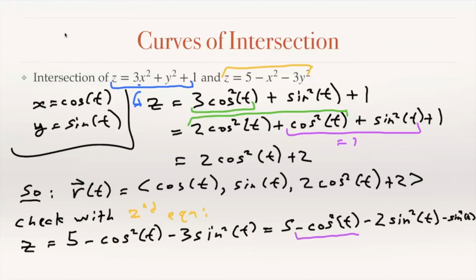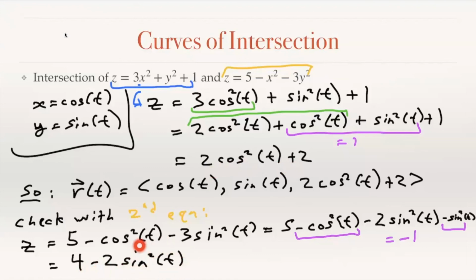Okay, and minus cosine squared minus sine squared. Those together are minus 1. So we have 4 minus 2 sine squared t. Oh no, have we made a mistake? This does not look like that, does it? Well, it does.